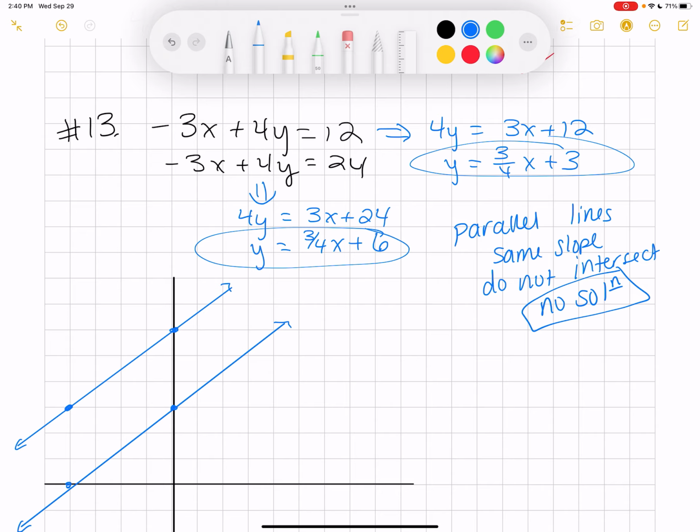These ones specifically say to graph them, so you're technically supposed to graph them. But if you give this explanation that they're parallel lines because they have the same slope, so they don't intersect, and say that it has no solution, that's fine. As long as you've shown what the lines are to explain that they're parallel, that's fine.